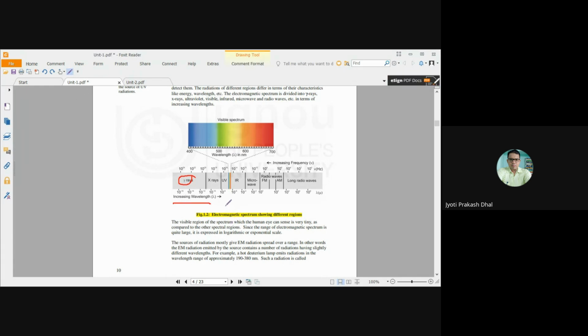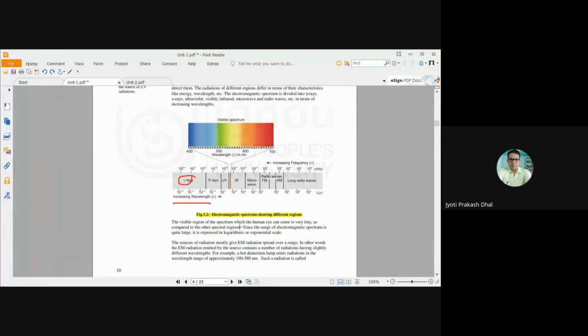So that's why if you consider according to frequency, it is according to decreasing order of frequency. That means from right to left, it is increasing order of frequency. That means X-ray having shorter wavelength or shortest wavelength and having highest frequency. And again we know that E equals to hc by lambda.